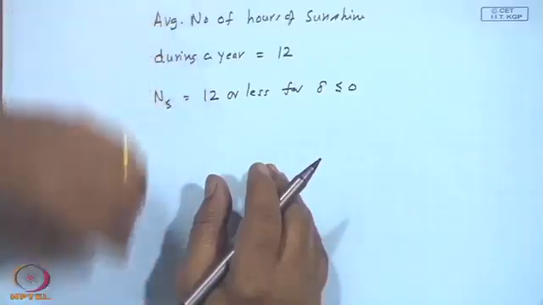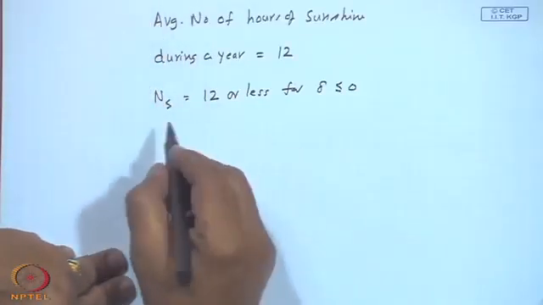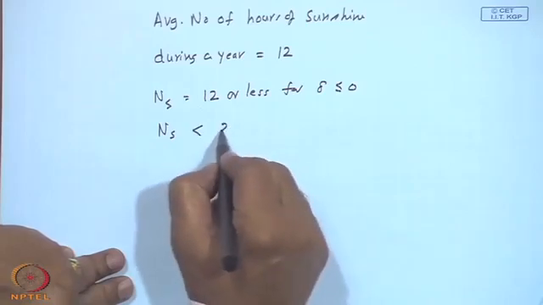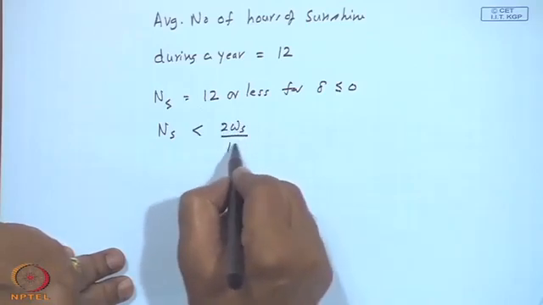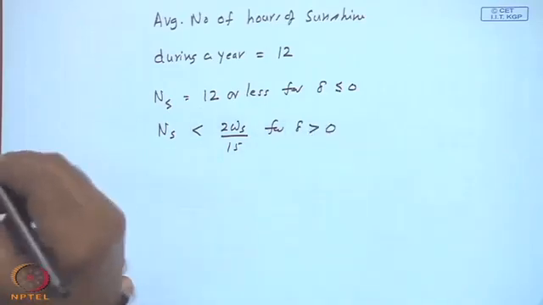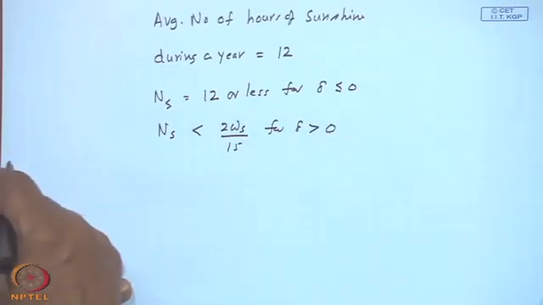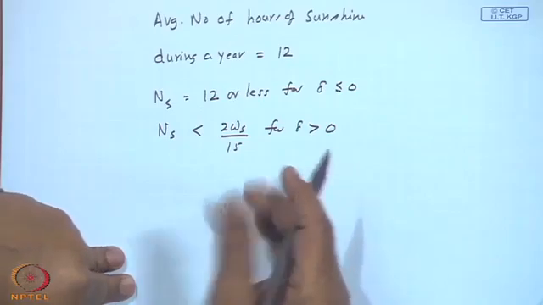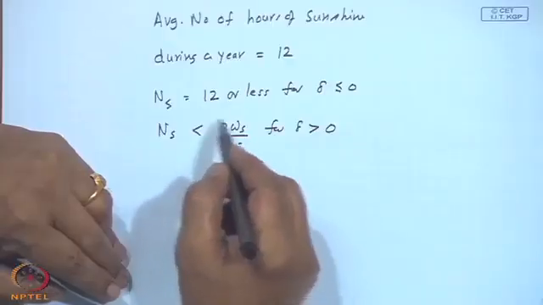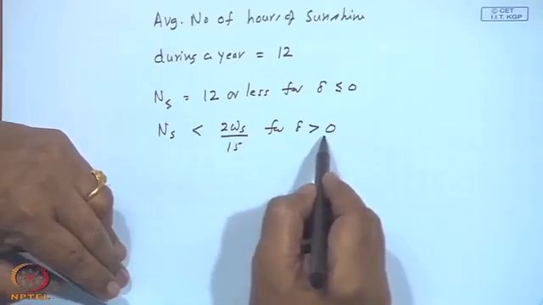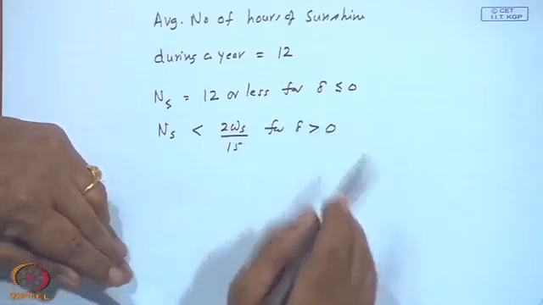It is not more than the NS, whereas NS is less than twice omega s by 15 for delta greater than 0, because we restrict it according to the tan phi minus beta tan delta. So, my average will turn out to be less than 12, since the benefit of having a higher number of sunshine hours during delta greater than 0 is not allowed for the tilted surface.